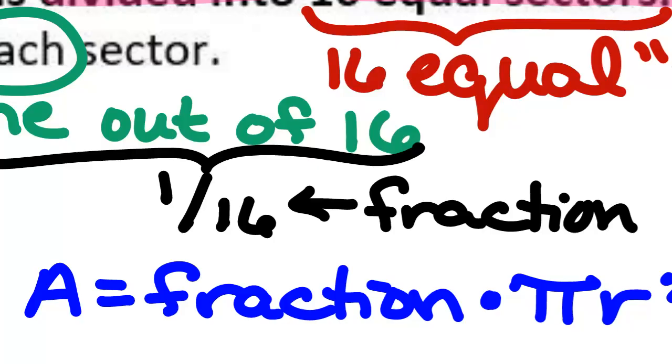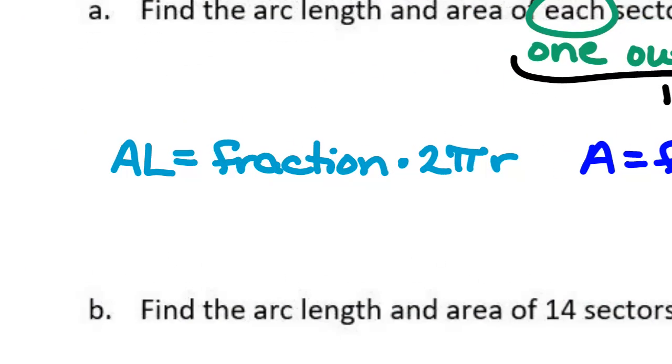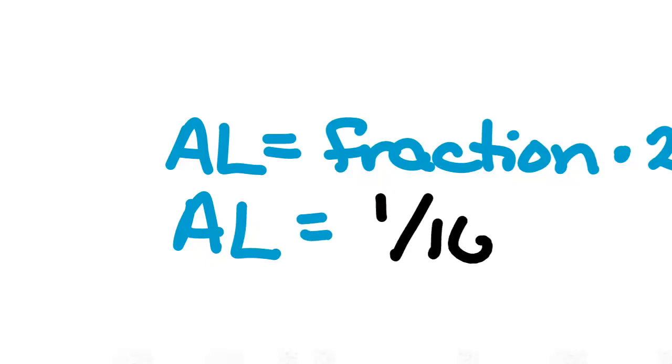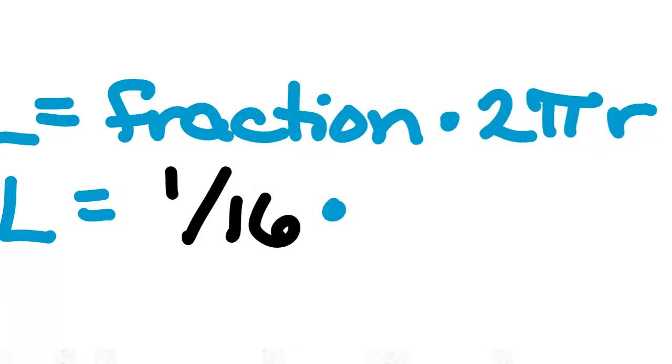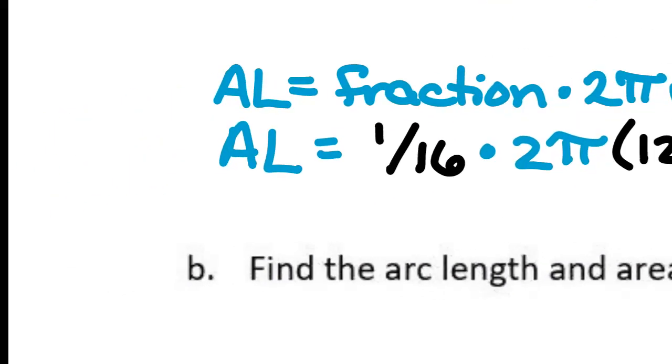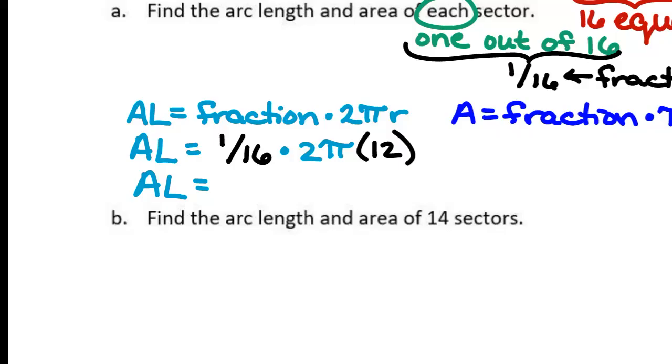And instead of using the degrees for the fraction, because they just told me how many equal-sized parts they chopped this circle up into, we are going to use 1 out of 16 as the fraction, times 2 pi times, what did we say the radius was? Radius is 12. So let's pop that into the calculator. 1 over 16 times 2 pi times 12.